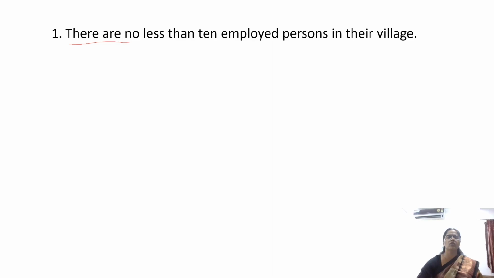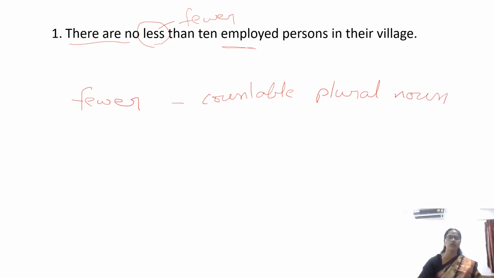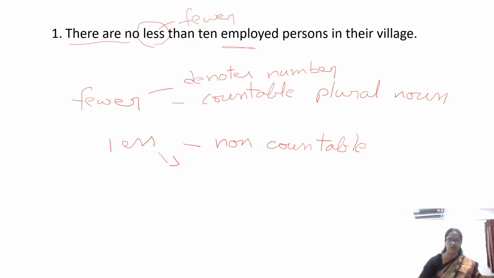There are no less than 10 employed persons in their village. Here in place of less we should use fewer. Now why? Fewer is used with a countable plural noun, and less is used with non-countable nouns, whereas less denotes quantity.